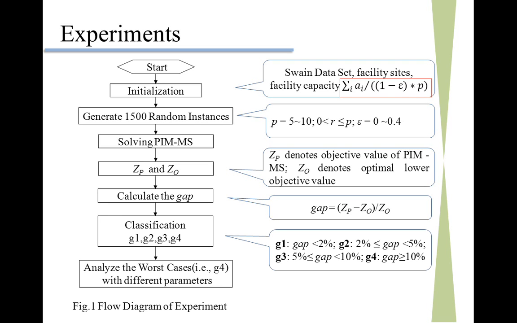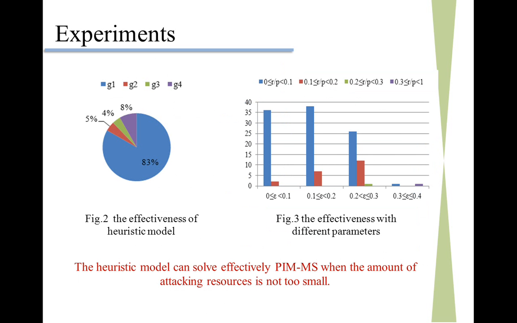According to the gap values, we classify the results into 4 groups, and the results are illustrated in Figure 2 and Figure 3. The total results are displayed in Figure 2. We can see that 83% of the cases can be solved with the gap ranging from 0 to 2%.